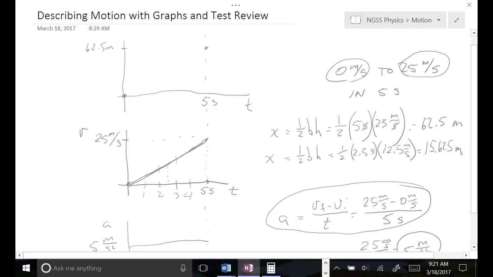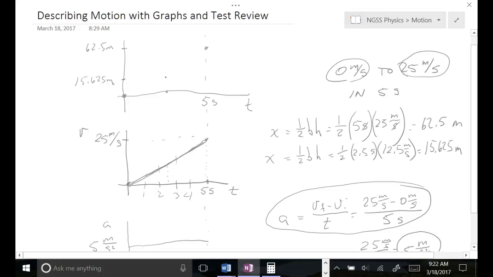Okay, so that is roughly 1/4 of the 62.5 meters. So that's a point right around here. So this is 15.625 meters.